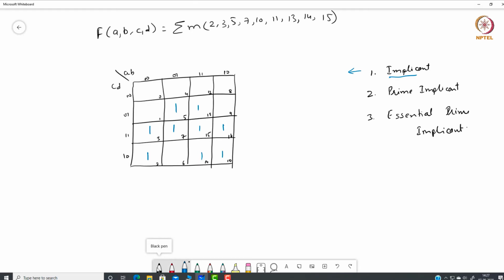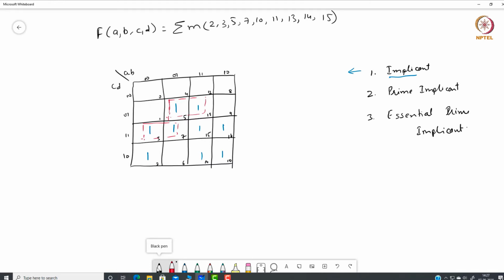So let us say we group these two, 5 and 13 can be grouped. Of course they can be grouped, so they also form an implicant. Similarly, any of these two terms can also be combined, they also become an implicant.